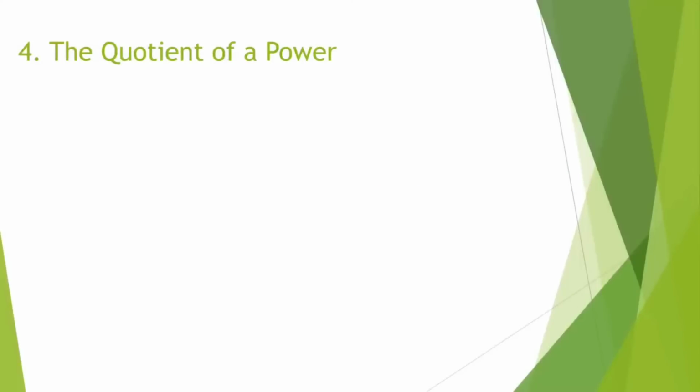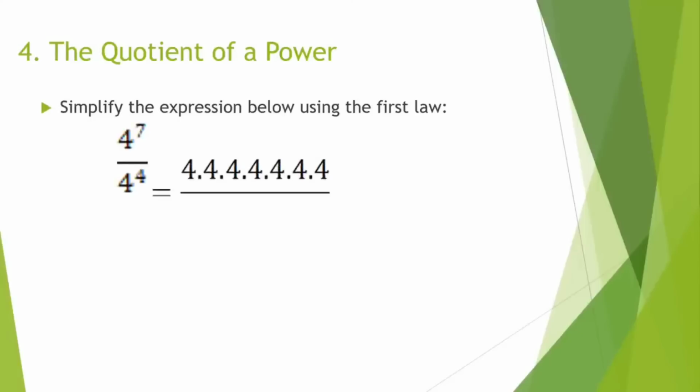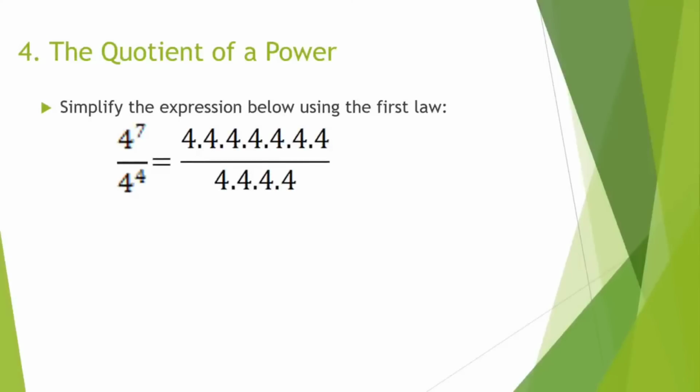For number 4, we have the quotient of a power. So let us simplify the expression below using the first law. What again was our first law? That's right, the product rule. So to simplify this, we have to expand. 4 raised to 7 can be written as 4 times 4 times 4 times 4 times 4 times 4.